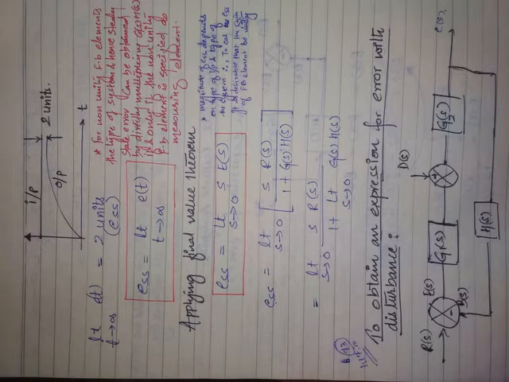ESS is nothing but the magnitude of steady state error between input and output. This is depending on two things. Type of the input, and the open loop characteristics of this control system, G of s into H of s.